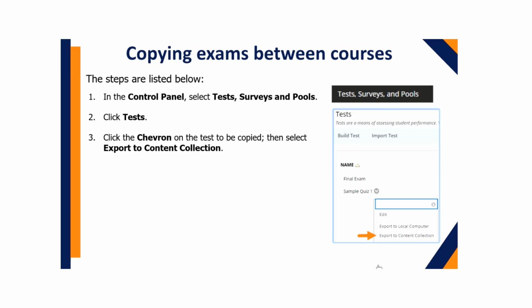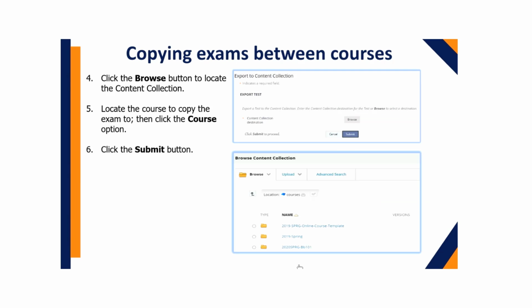Once you export to your content collection, which is a place in Blackboard that holds all your content, then you would actually export from that area into the other content collection in your other course. So you're going to export from your current course, and then from the content collection area, you'll import it back in. I'll show you how to do that.